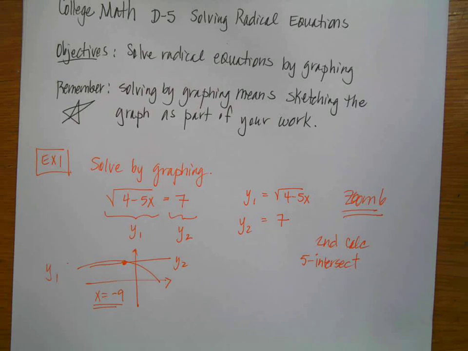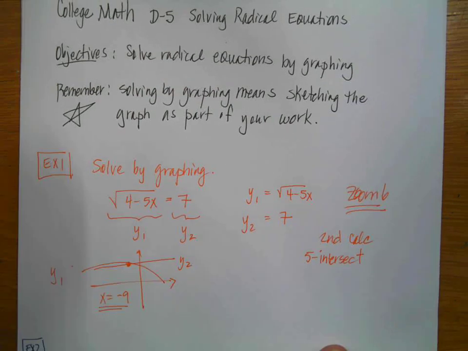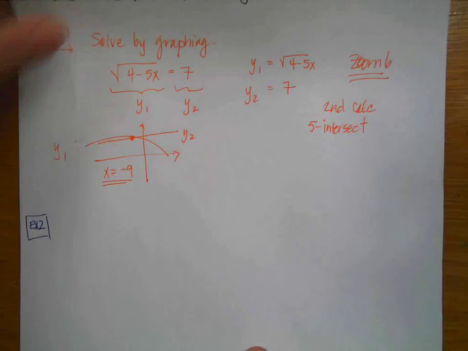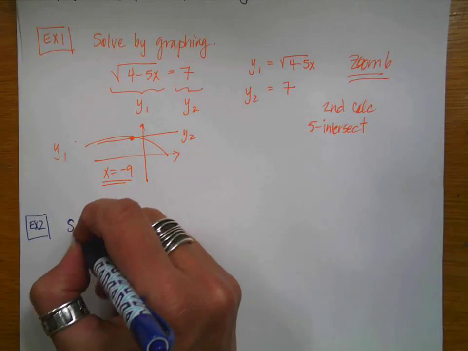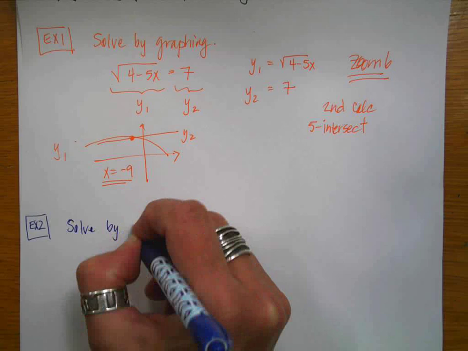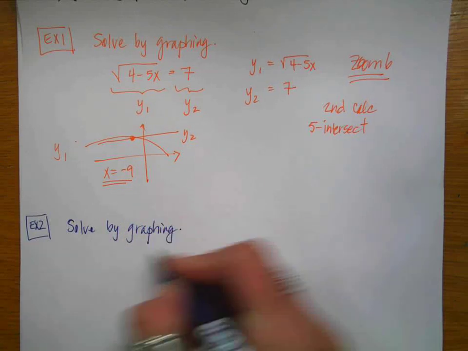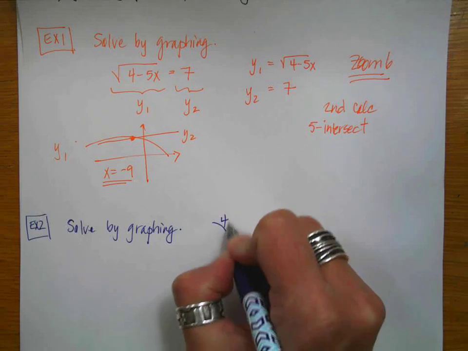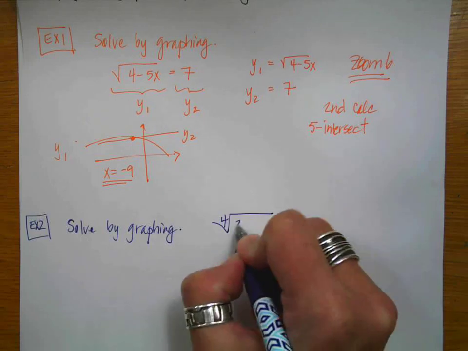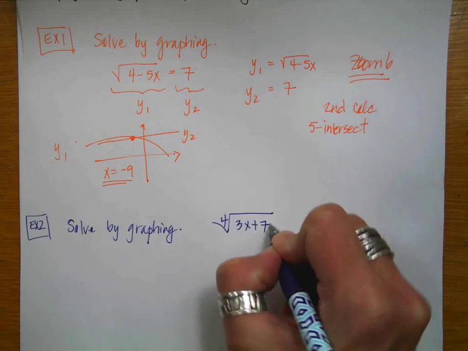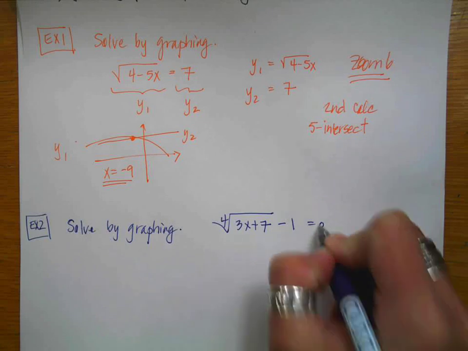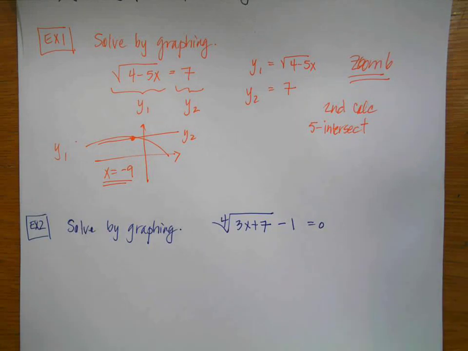All right, so now let's go to our second example. Told you, super simple today, and we only have two quick examples. So again, I want to solve by graphing. I'm going to be given the equation, the fourth root of 3x plus 7 minus 1 equals 0.